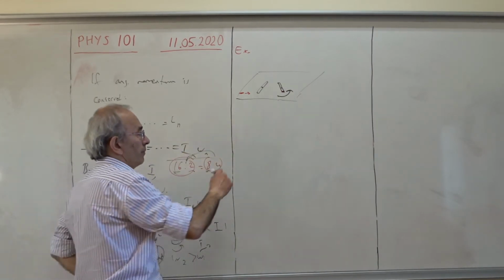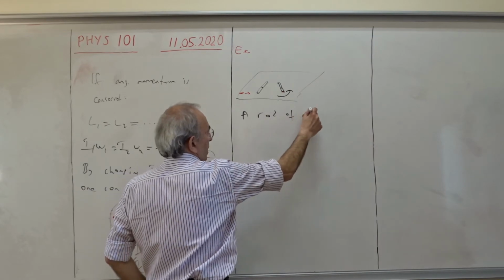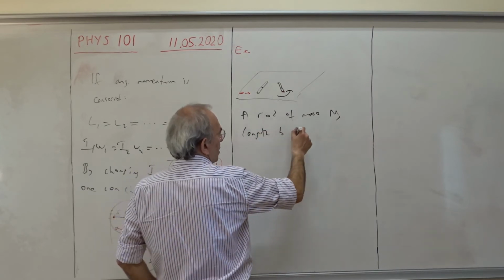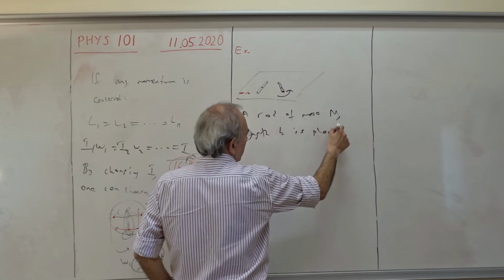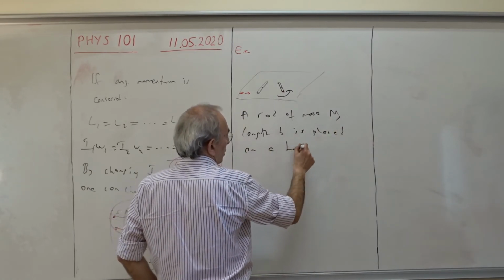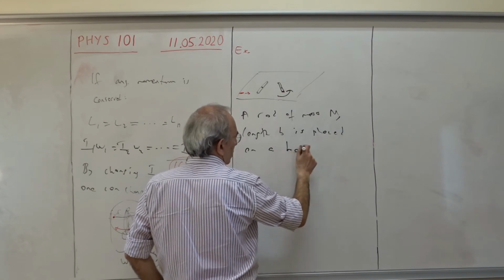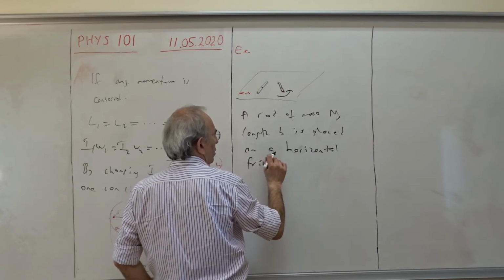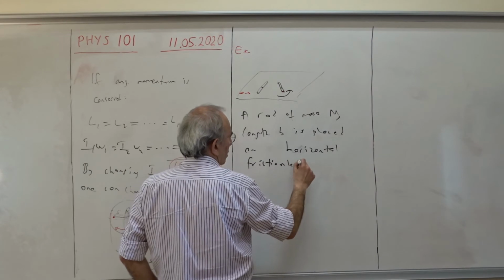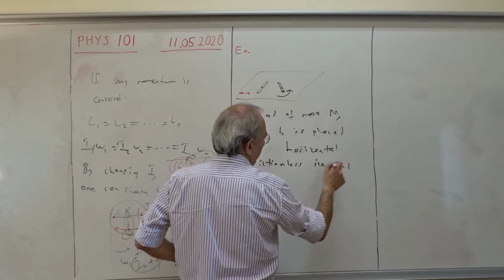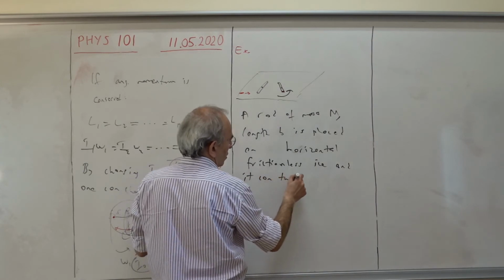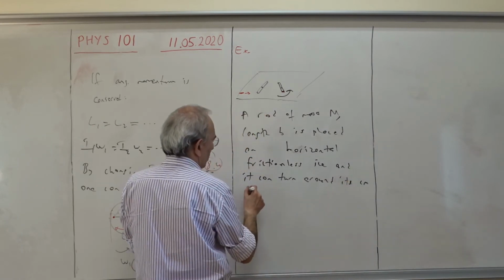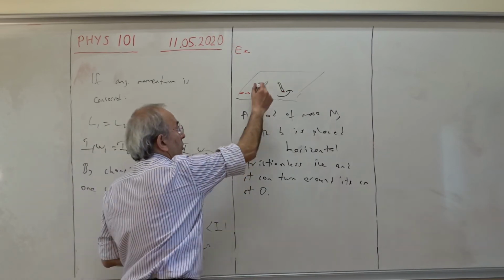Let me write the text first. A rod of mass m, length b, is placed on a horizontal frictionless ice, and it can turn around its center of mass at O. So O is this point.